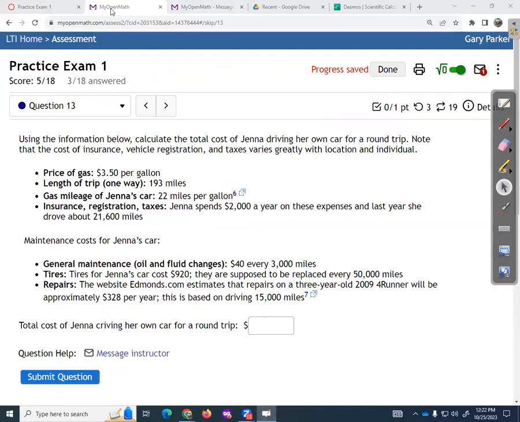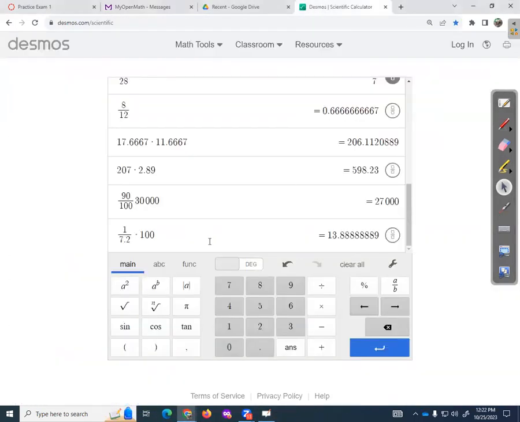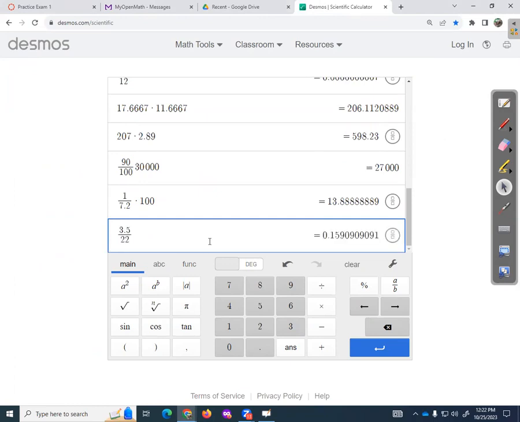And I'm just going to put this on another screen so I can see the numbers. So I'm just going to type it as I wrote it on my screen. So I had, for the gas, that was $3.50 per 22 miles. And then I want to add to that, the next one was 2,000 per 21,600 miles.